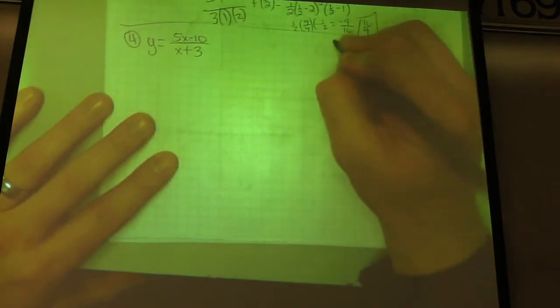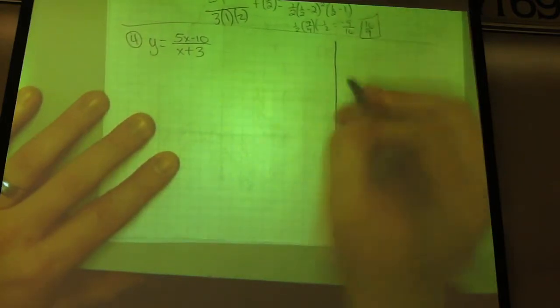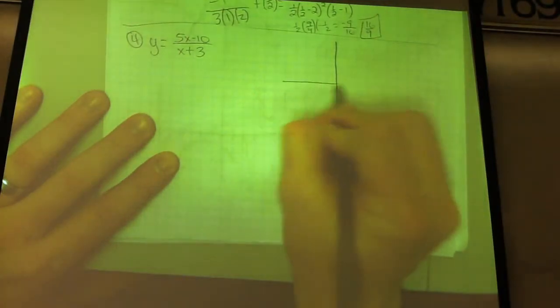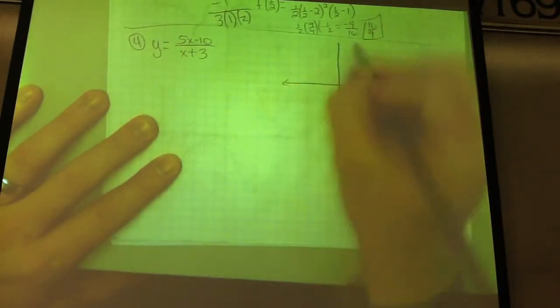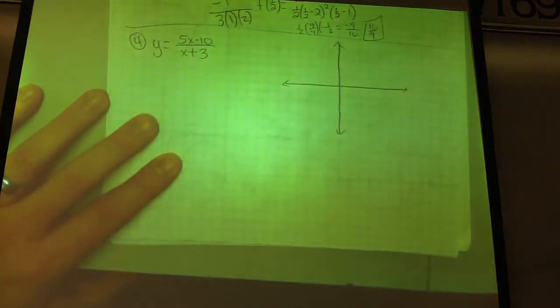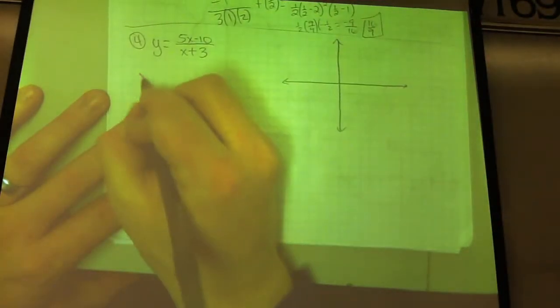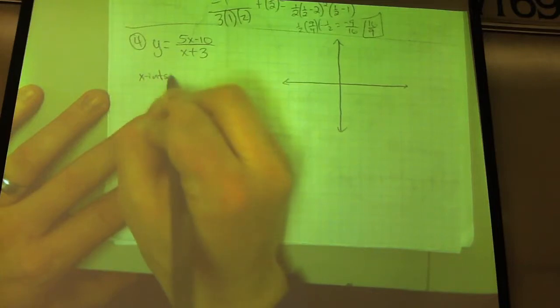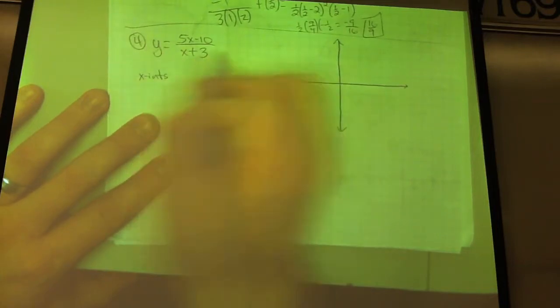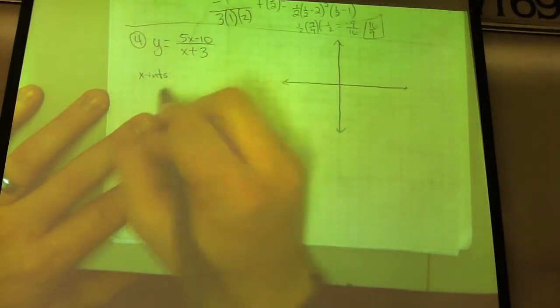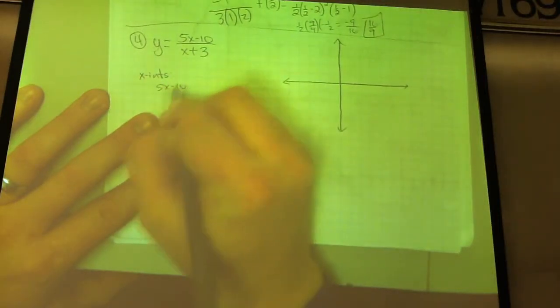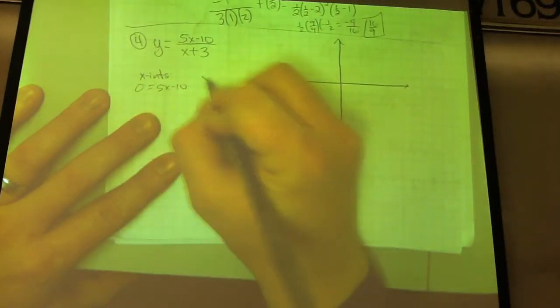Graph that sucker. Oh, that's when we have to do the y-intercept, x-intercept, asymptotes, and all that stuff, right? Technically, you gotta do that on all of them. This is the one where we had to actually write them out. X-intercepts: plug in 0 for y, multiply both sides by x plus 3. So you got 5x minus 10 equals 0. Add 10, divide by 5, so x equals 2.